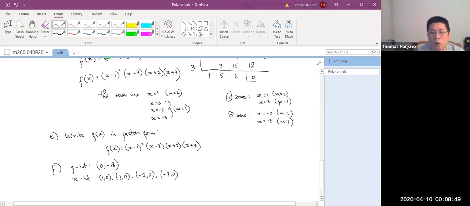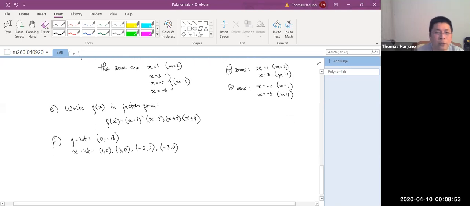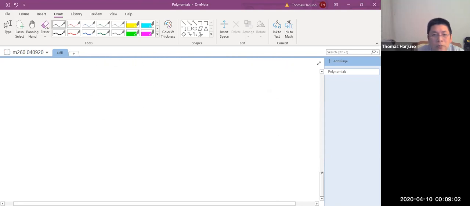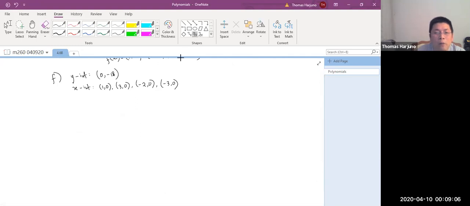Okay, now suppose from here I want to graph the function. What will the graph look like?